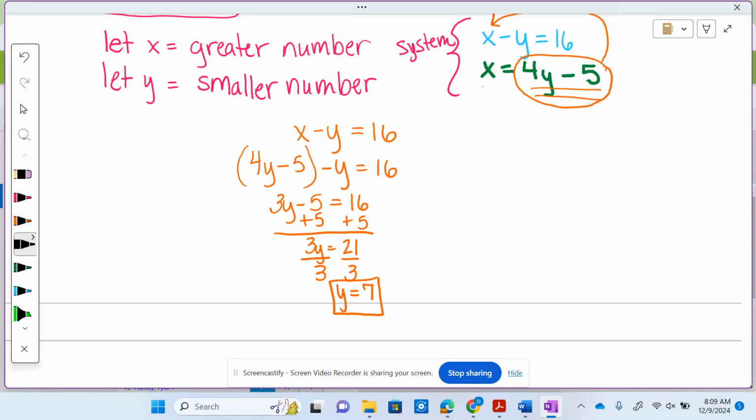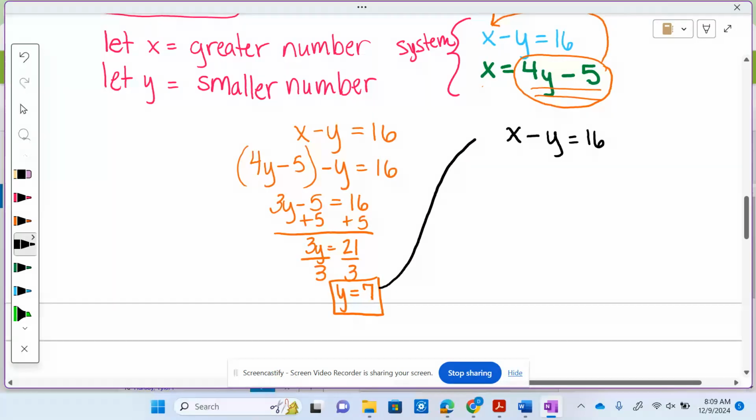What equation do you want to plug it into? The first one or the second one? The first one. So our first equation, x minus y equals 16. But we just learned that y is 7. So x minus 7 equals 16. What do you want to do next? Absolutely. Add 7 to both sides. So x equals 23. That's the larger number.